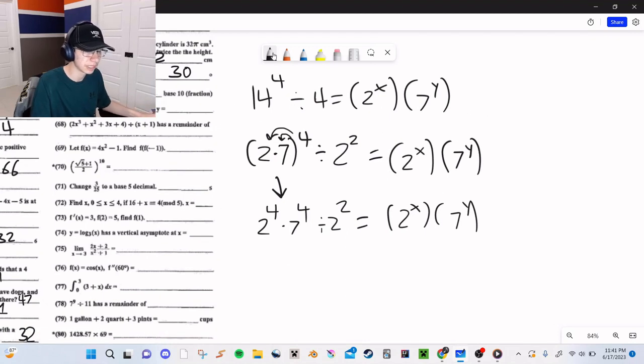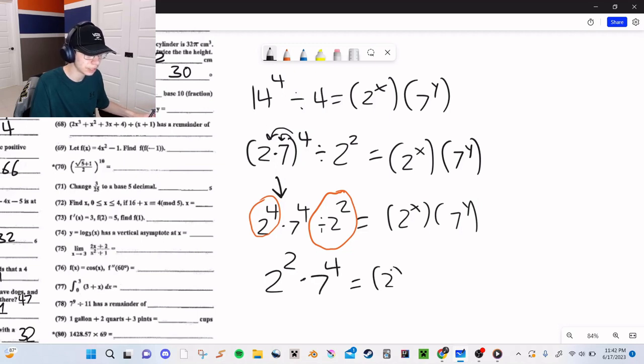Okay. Here I can cancel out some of the 2's from the 2 to the 4th with the dividing by 2 squared expression here. So I'll get 2 squared times 7 to the 4th is equal to 2 to the x times 7 to the y. So, therefore, 2 and 4 have to be x and y, the sum of which being 6.